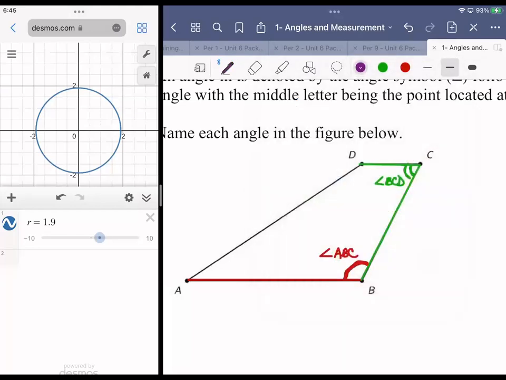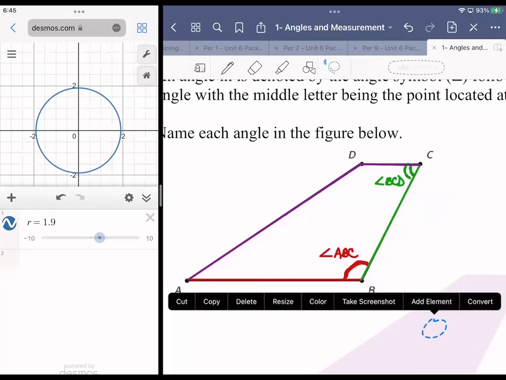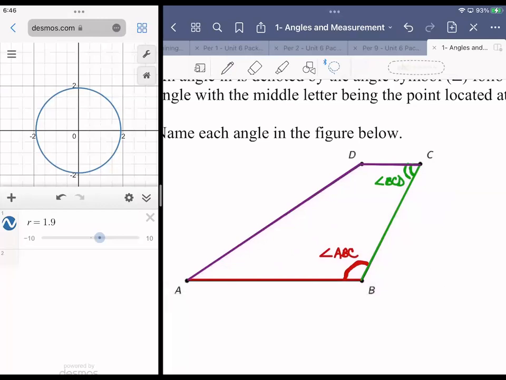I'll go purple. So I'm looking at this angle now. Oh, that's fun. Didn't mean to shade it in, but that's okay. So this one would have 3 arcs.